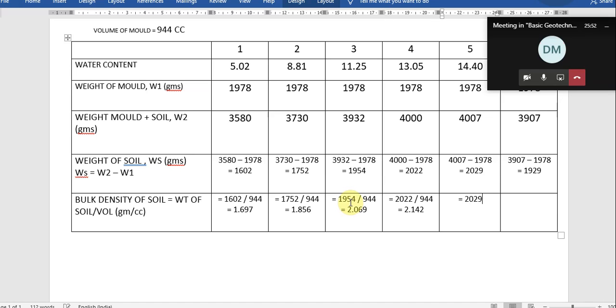Fifth trial, 2029 divided by 944. Bulk density is 2.149. Last trial, bulk density is 2.042.